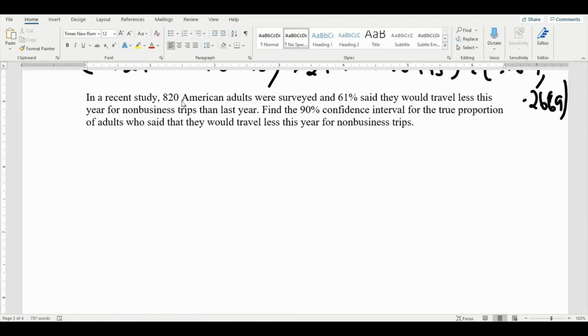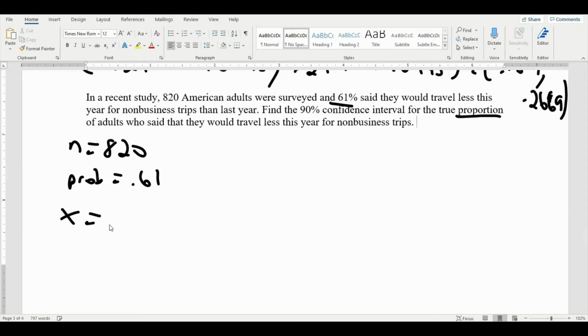First thing to recognize, we're looking at a proportion. This is going to be way faster. So we have n equal to 820. This time we're given a probability of 0.61 or 61%. We need an x.